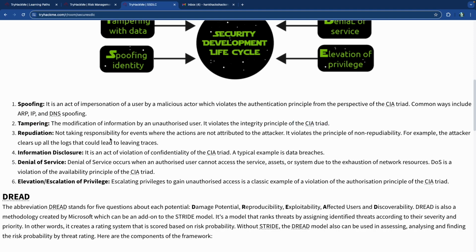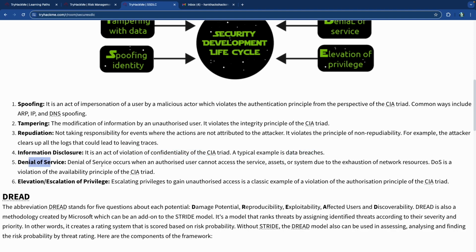Repudiation, as we just talked about, is not taking responsibility for the events. It violates the principle of non-repudiability. For example, the attacker clears all the logs that could lead to leaving traces. So you can't say we have evidence that you did this, right? That's for repudiation. So not taking responsibility. Information disclosure, so violating confidentiality, and data breaches is an example.